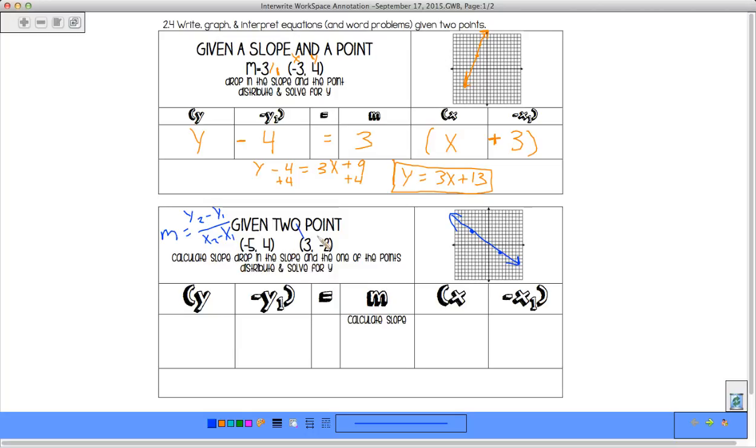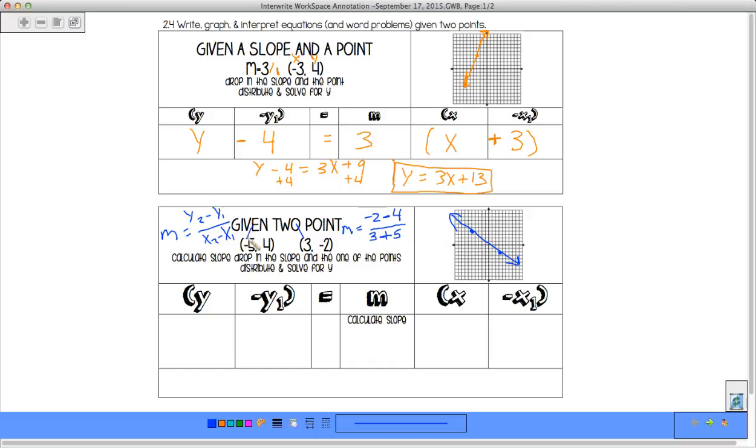So here, y2 would be -2 minus the first y is 4 over x2 would be 3 minus x1 would be -5. Minus a negative, change to a plus sign.